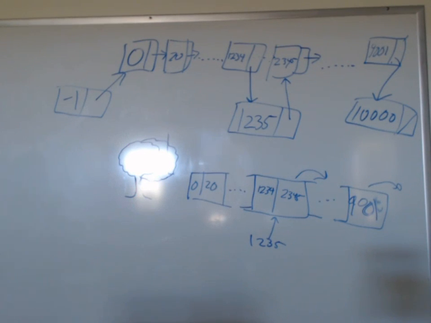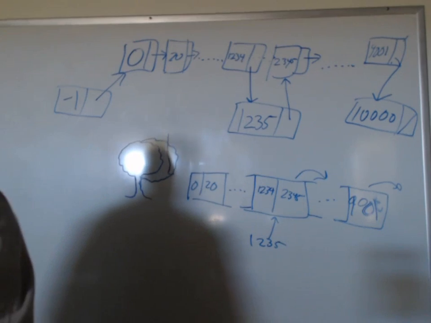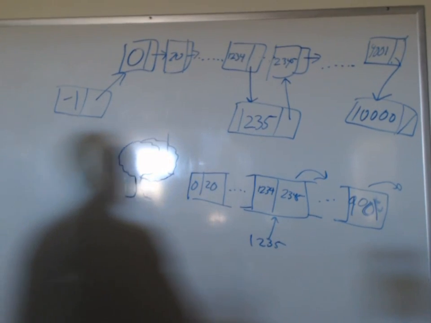If you knew exactly where you want to insert, then it's just O of 1. But the problem is inserting at a given index, you have to go through the list first. So inserting at a random location is still O of n. Everyone got that?